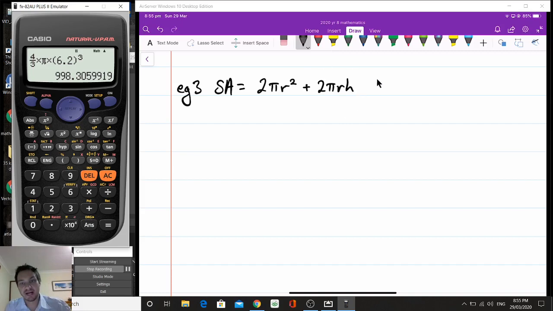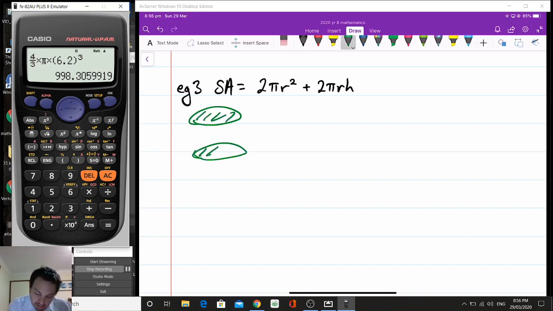That's the curved part that wraps around a cylinder. So if I drew it, the 2 pi r squareds are that one there and that one there, and then the 2 pi r h part is the part that wraps all the way around. Okay, so that's that there.